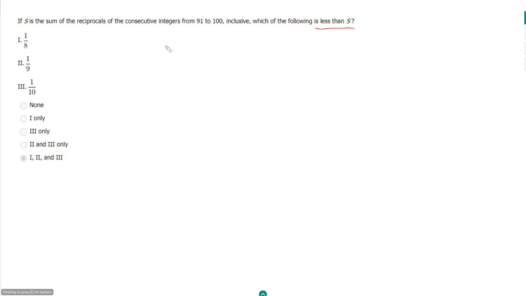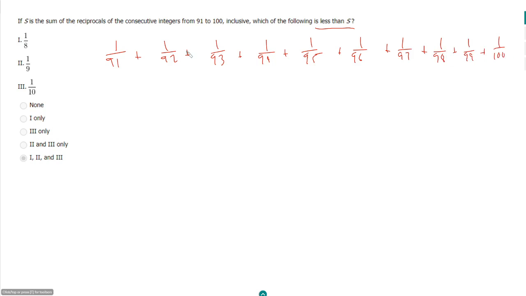It's asking for the reciprocals, and so the reciprocals would be 1 over 91 plus 1 over 92 plus 1 over 93 plus 1 over 94 plus 1 over 95 plus 1 over 96 plus 1 over 97 plus 1 over 98 plus 1 over 99 plus 1 over 100.